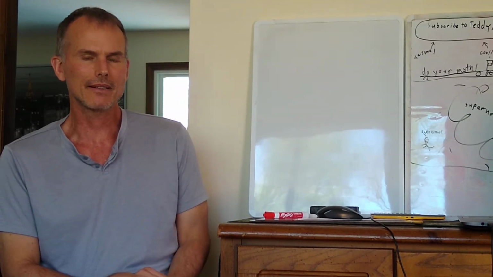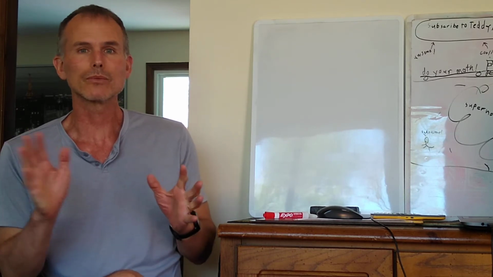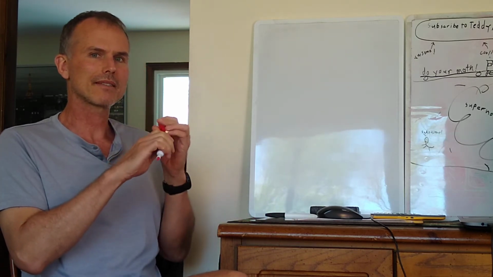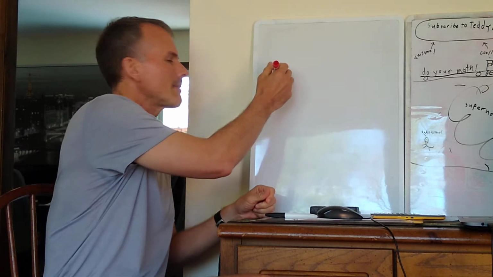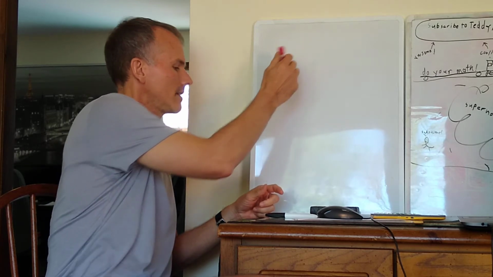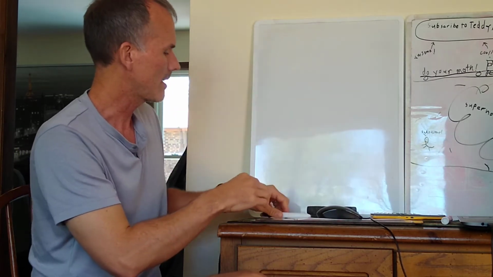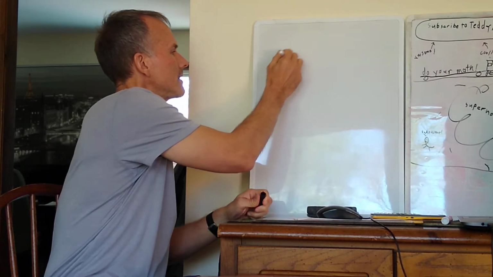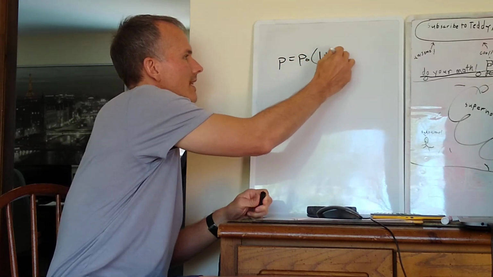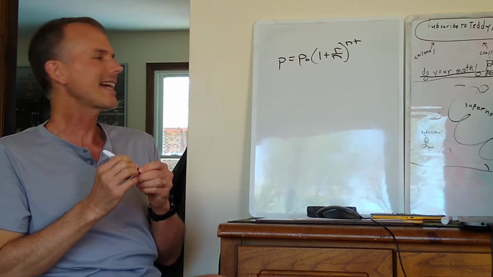And to begin our study of 4-2, I would like to do something with you that actually came from 4-1. If you watch the second video from 4-1, we remember that the compound interest formula was P equals P naught times 1 plus r over n to the nt.